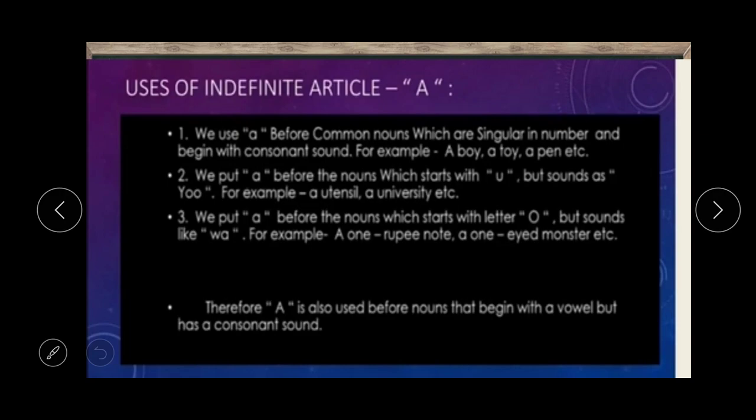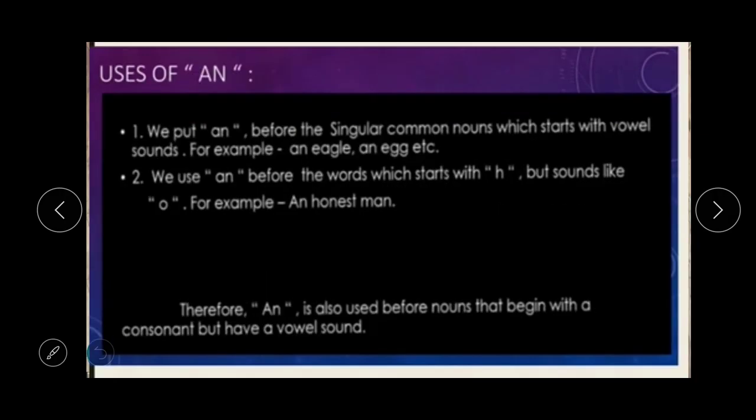Now students, let me show you the uses of an. Number 1, we put an before the singular common nouns which start with vowel sounds. Say for example, an eagle, an egg, etc. Generally we put an before the words that start with a vowel. Number 2, we use an before the word which starts with h but sounds like o. Say for example, an honest man. Just take an example of a word that starts with h, like honey.